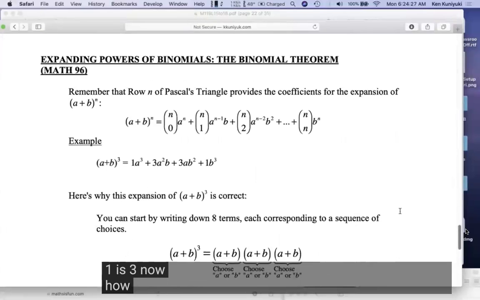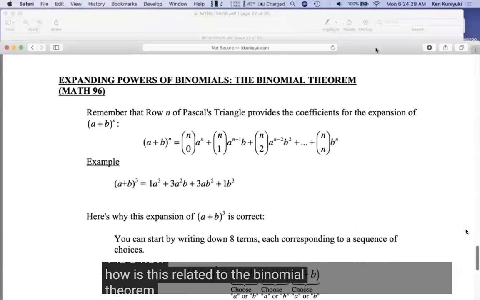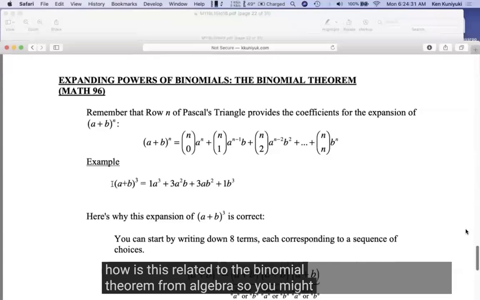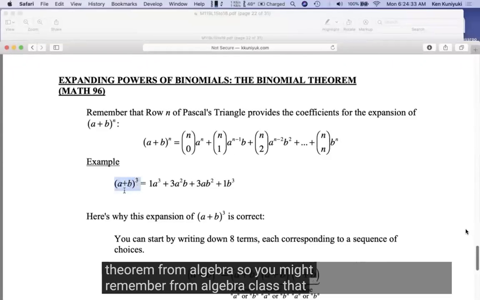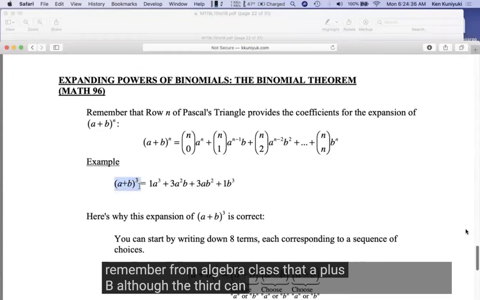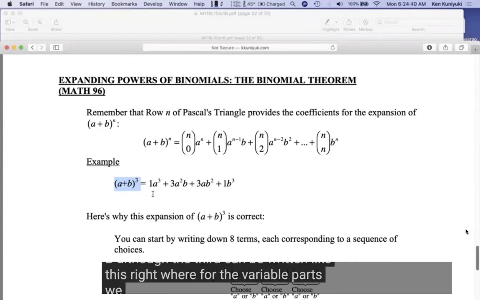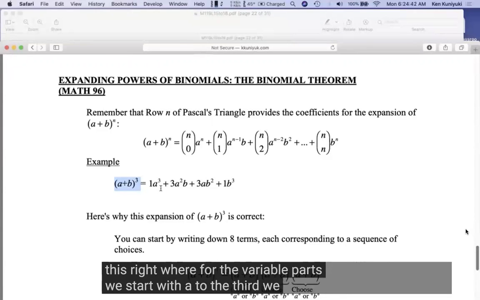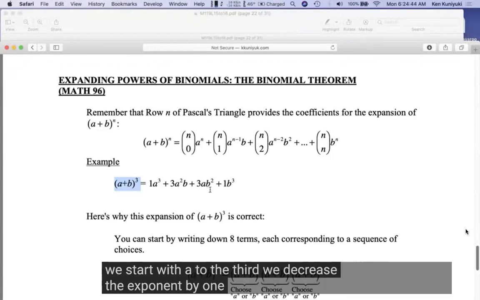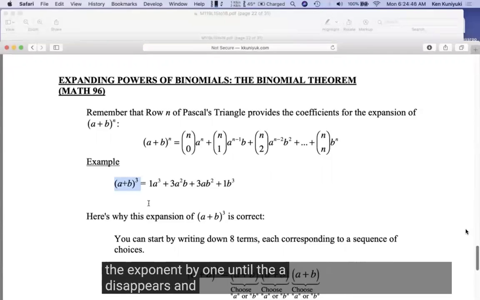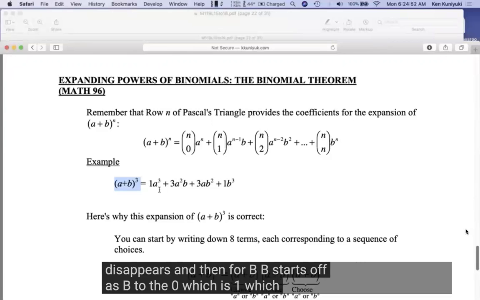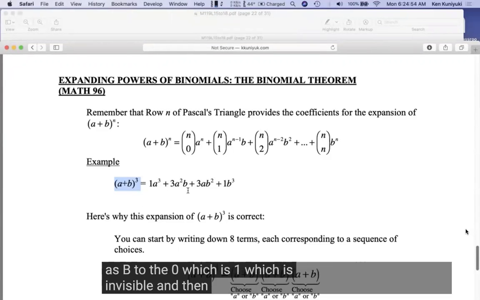Now, how is this related to the binomial theorem from algebra? So you might remember from algebra class that a plus b all to the third can be written like this, right? Where for the variable parts, we start with a to the third, we decrease the exponent by 1 until the a disappears, and then b starts off as b to the 0, which is 1, which is invisible, and then we get b to the second, b to the third.